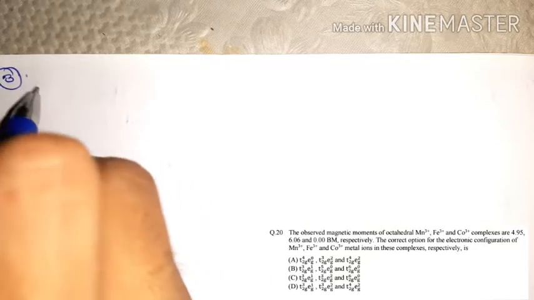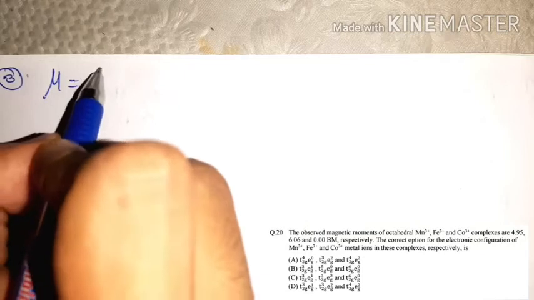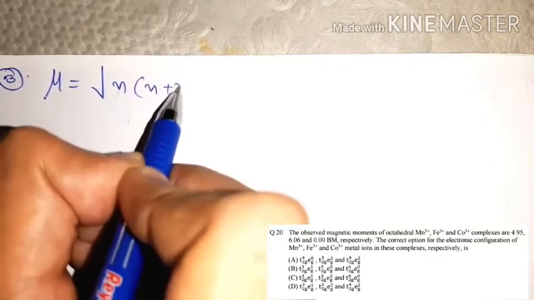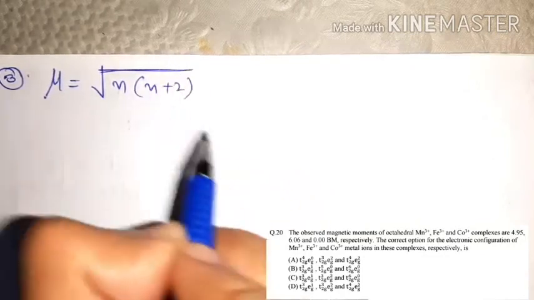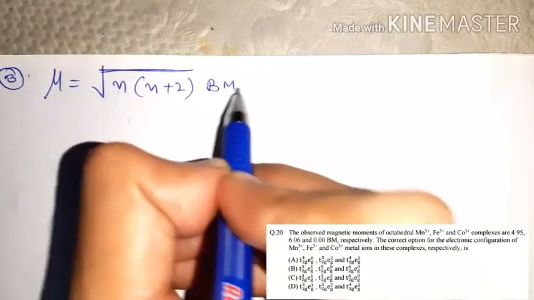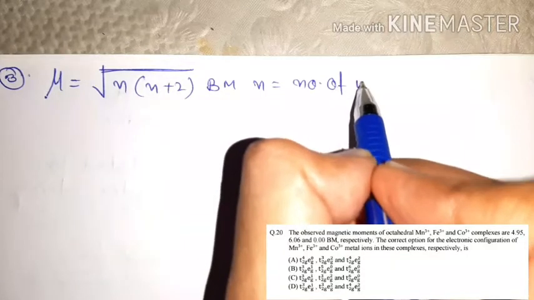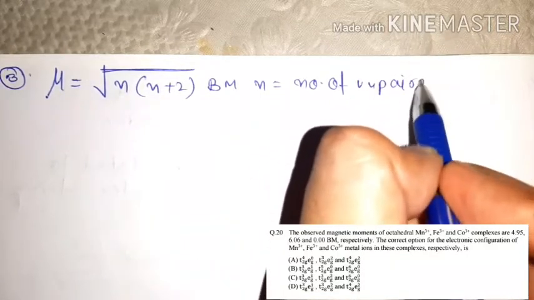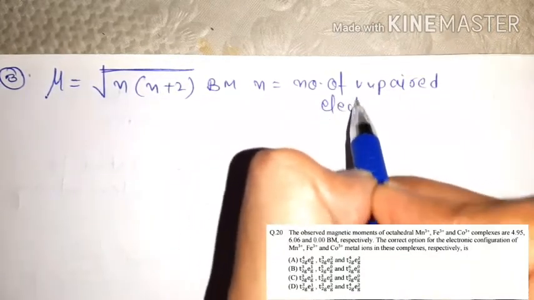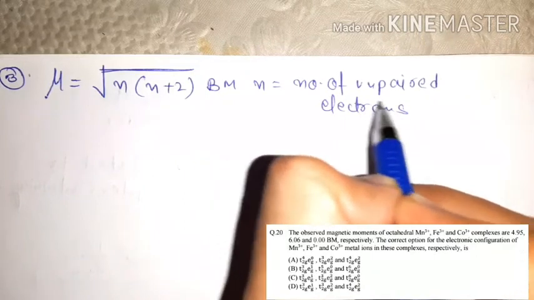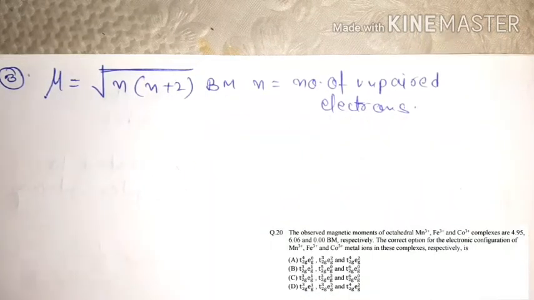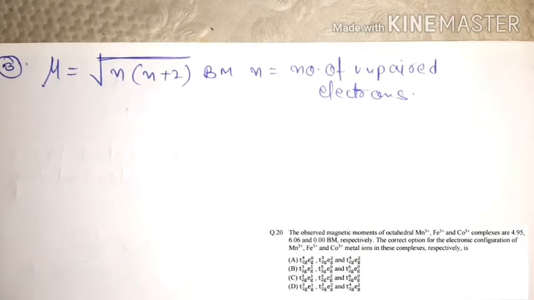It will be given by, you know, that is mu is equal to under root n into n plus 2 Bohr magneton, where n is the number of unpaired electrons. So if you know the number of unpaired electrons in any complex, you can find the value of magnetic moment of these complex.